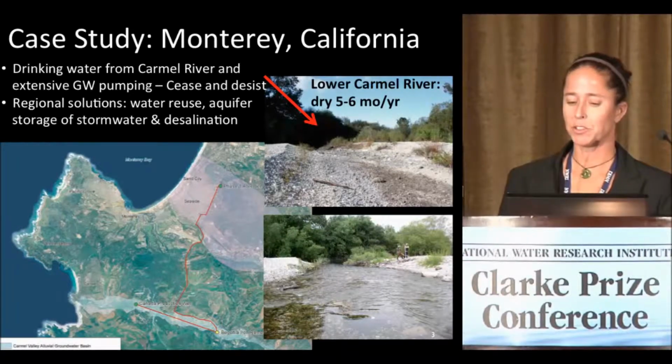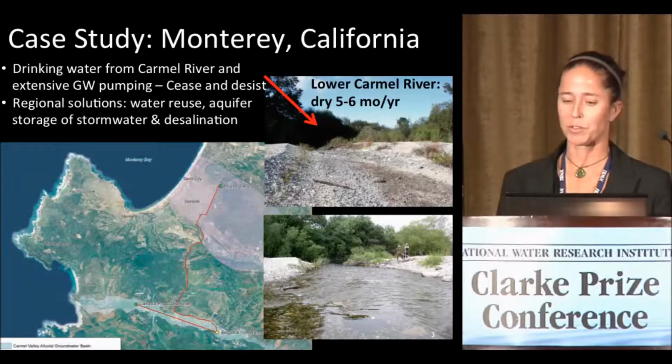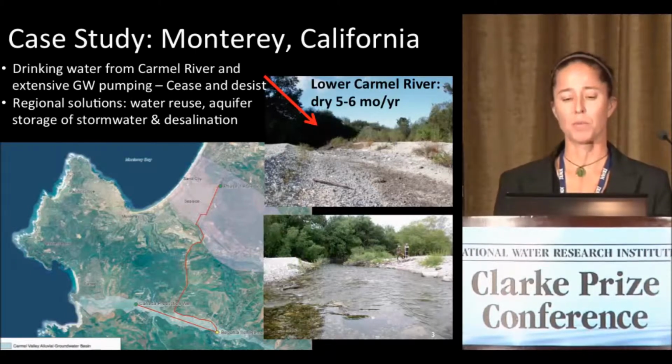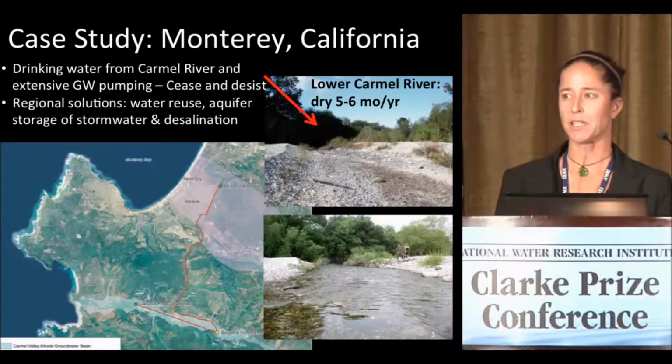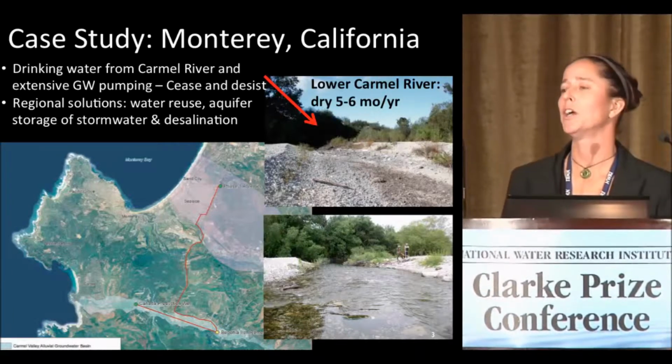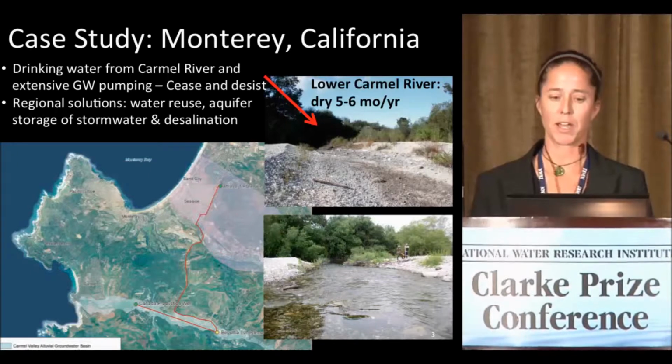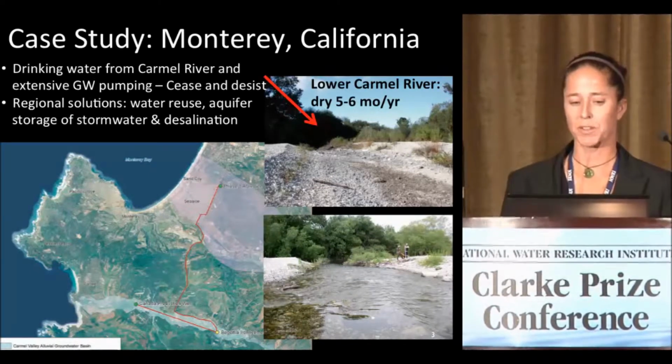And so they'd like to restore the river back to what it used to be and have surface flow in the river throughout the year. And so the State Water Board has actually issued a cease and desist order for the County of Monterey, and they're basically in this very serious situation where I think it's around 20 to 30% of their drinking water supply will no longer be available to them.